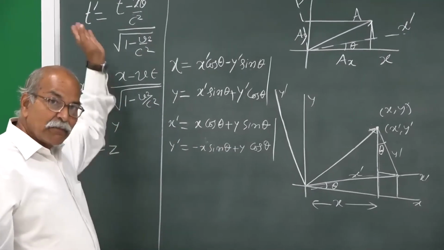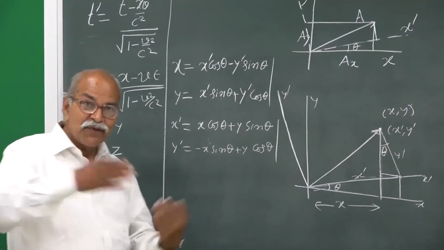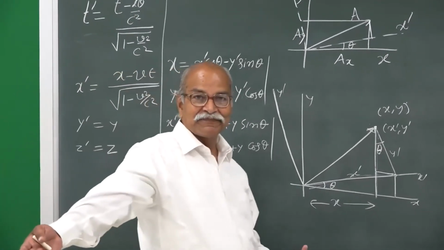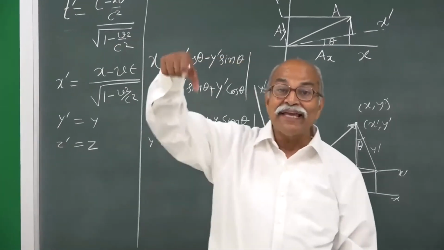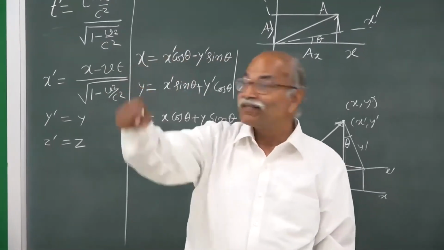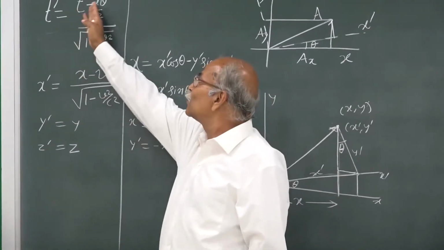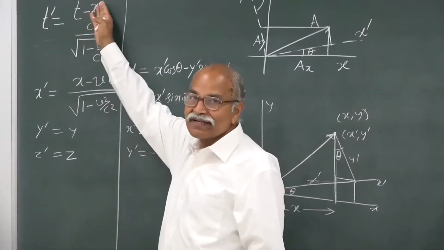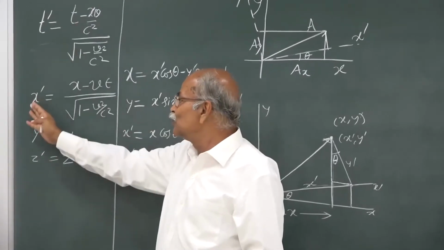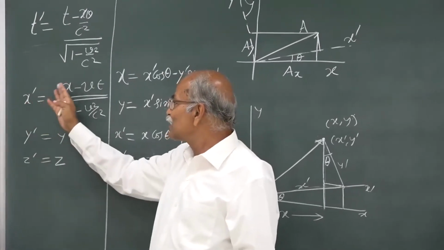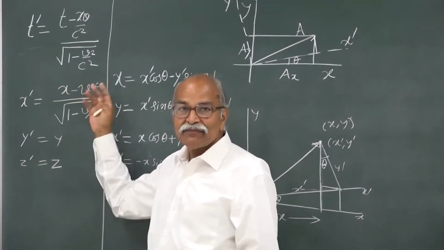Compare with the Lorentz transformation when you are going from S to S prime. New time coordinate is a mixture of the old space and time coordinates, and similarly the new space coordinate is a mixture of old space and time coordinates.